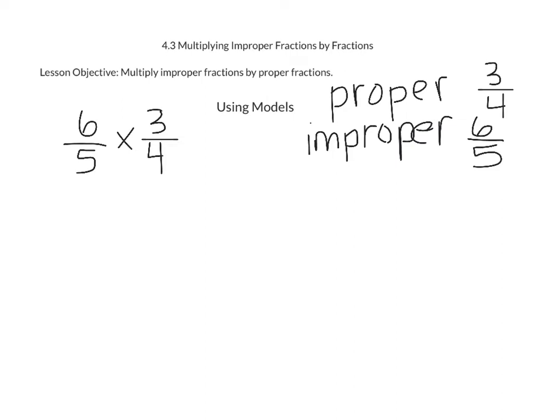In today's lesson, we're going to be starting by using models to help us multiply improper fractions by fractions. Now to start, we're going to represent 6/5 with a model. Since 6/5 is greater than 1 whole, we need to, this time, draw two rectangles.